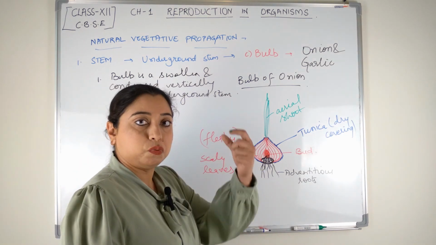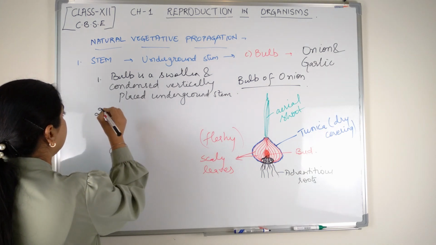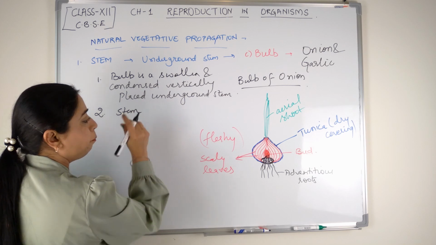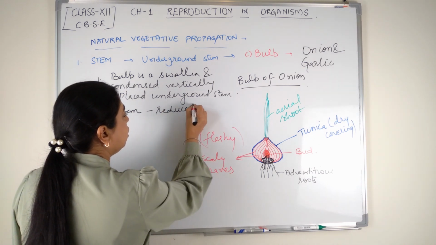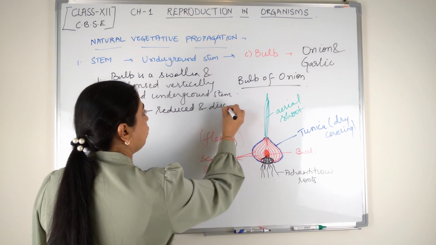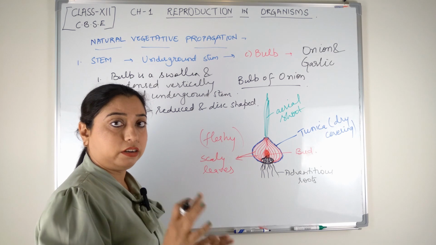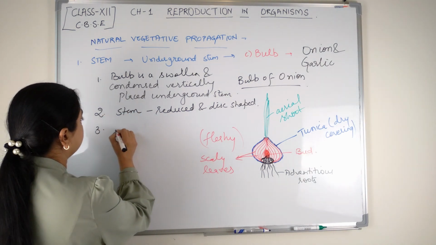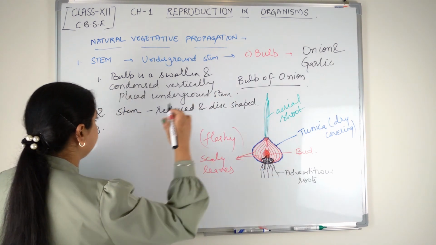It grows vertical to the soil surface. Secondly, the stem is comparatively reduced. It is reduced and disc shaped. Above the stem, what is present? The whorl of fleshy leaf.